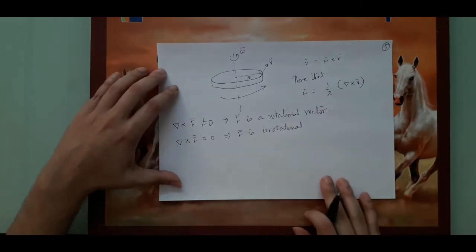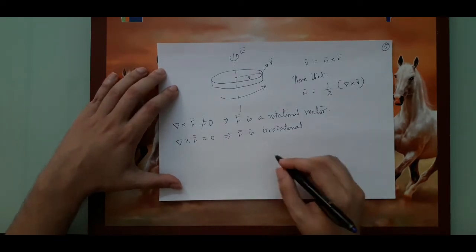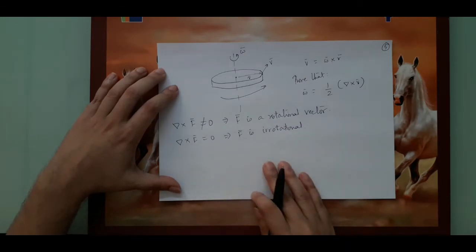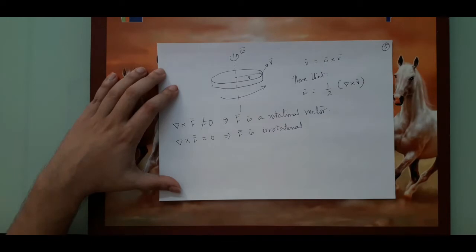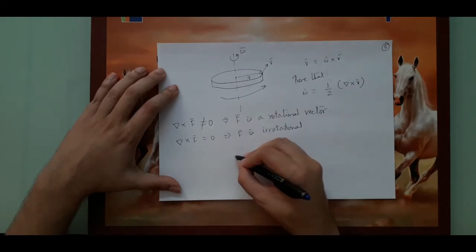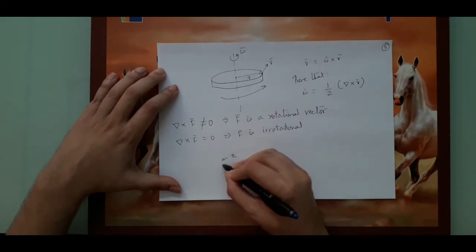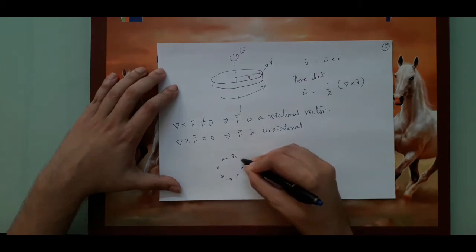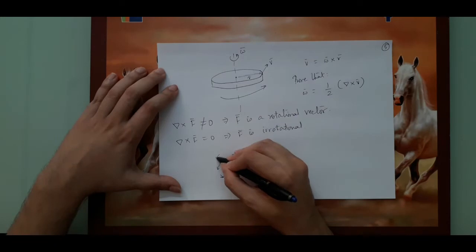One more example to think of for the curl is when there is a cyclone. When there is a cyclone, essentially the storm moves like this. The velocity vector of the storm essentially goes like this.